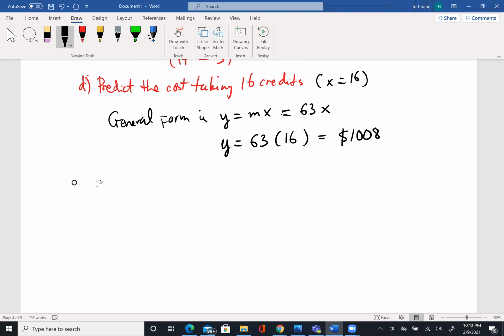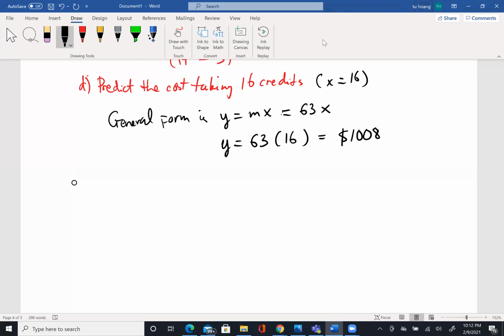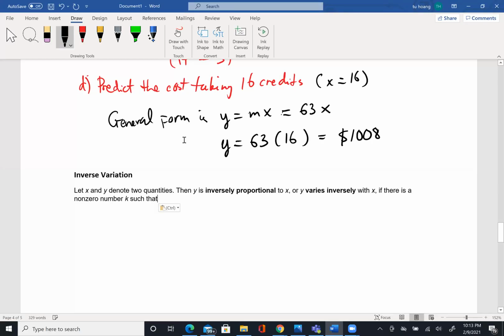Now we're going to move to inverse variation. So the definition: let x and y denote two quantities.